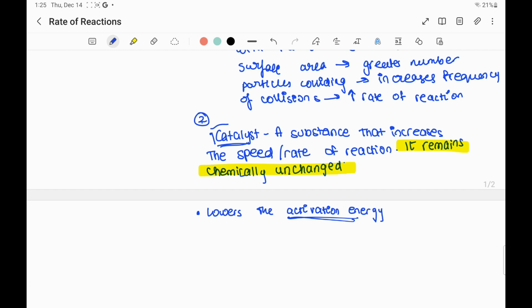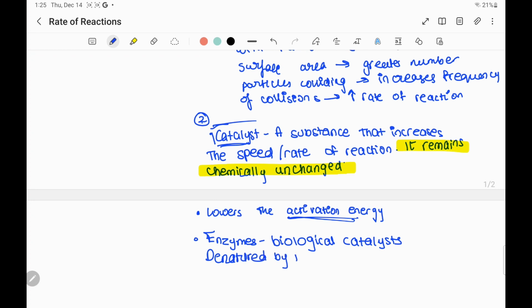Now, there is a specific catalyst you guys should know for IGCSE, and those are enzymes. These are biological catalysts, and they become denatured by heat.